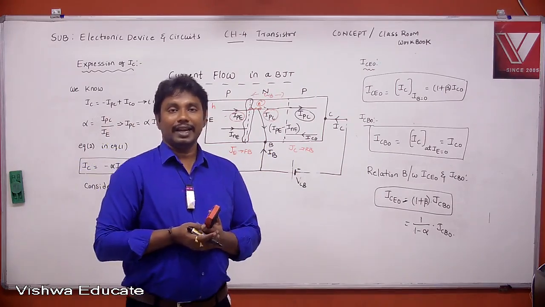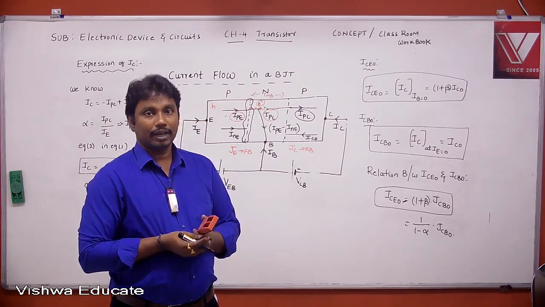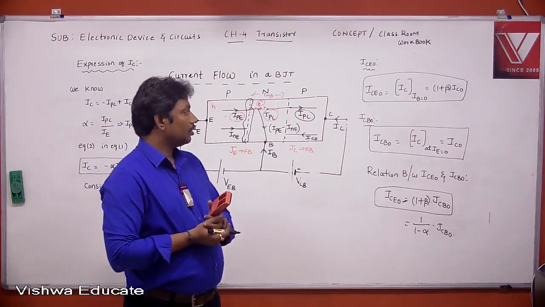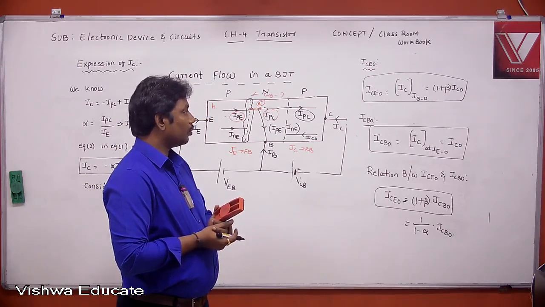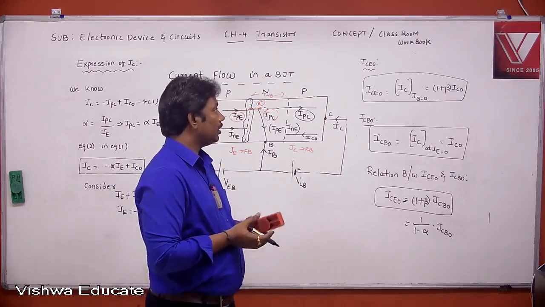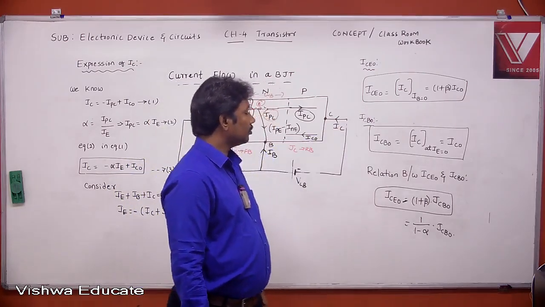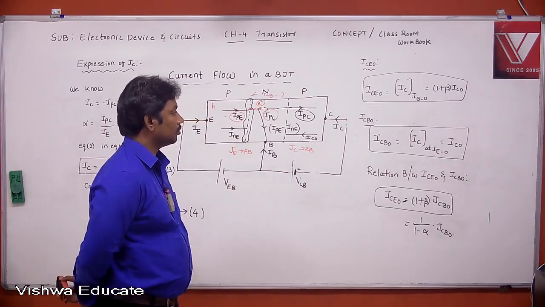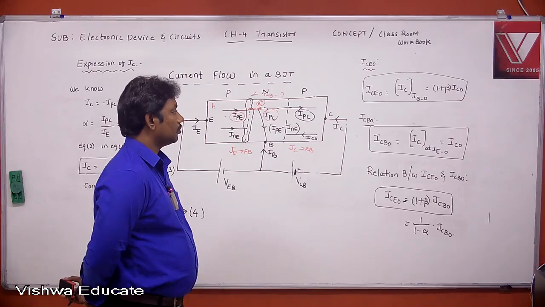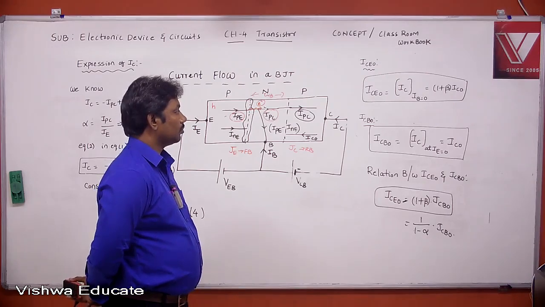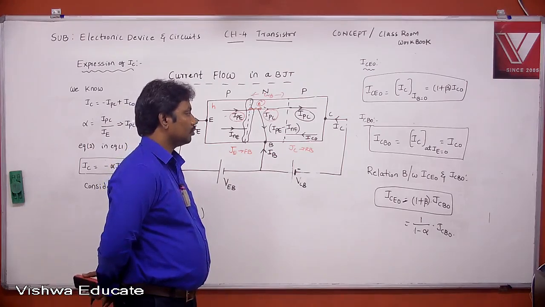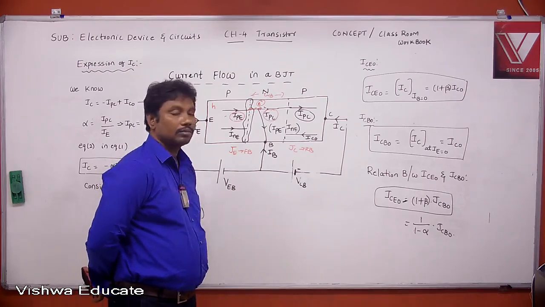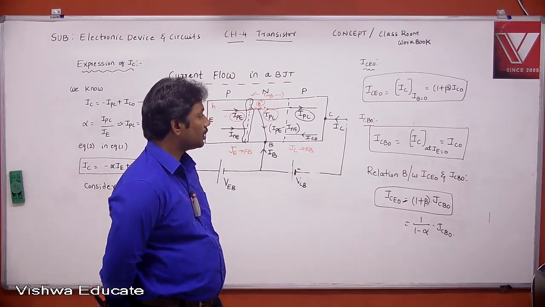ICO. It is the collector current when base is open. Right? Copy this one. Next one, ICBO.